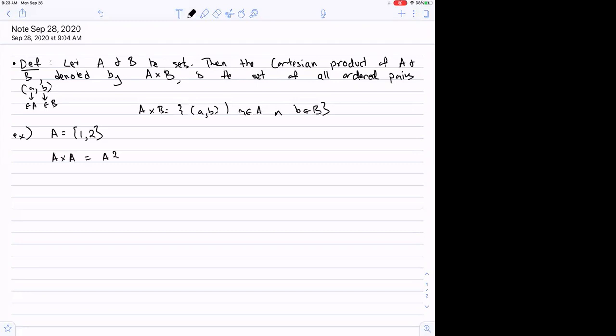To find this, it's going to be the set of all (a, b) such that a is in A and b is in B. But here we don't have a B, so we just have A. So this would be (1,1), (1,2), (2,1), and (2,2), and these are all the possible combinations that you could have.